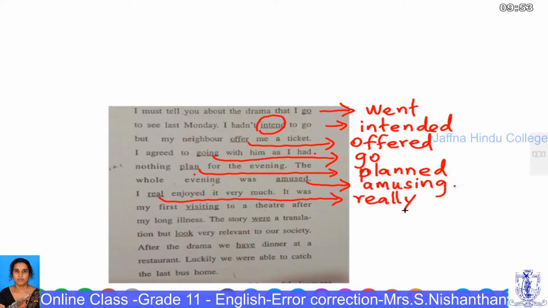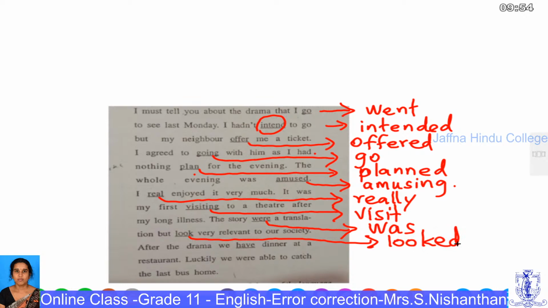I really enjoyed it very much. It was my first visit to a theatre after my long illness. The story, singular, so subject verb agreement is wrong here. So for singular we should use was. The story was a translation, but dash past tense looked.